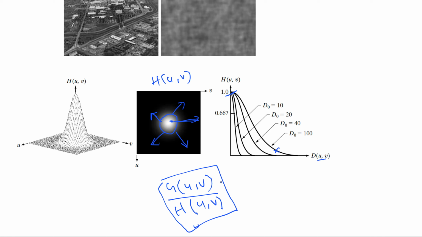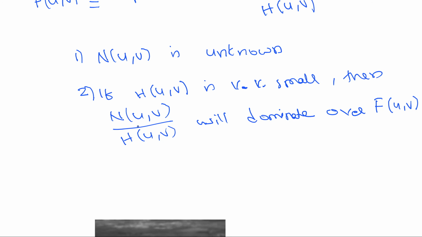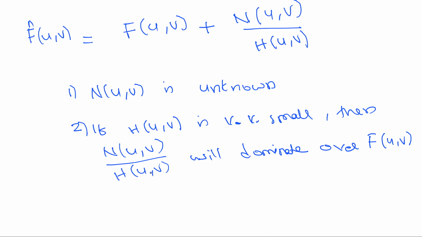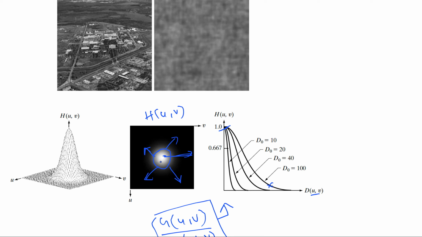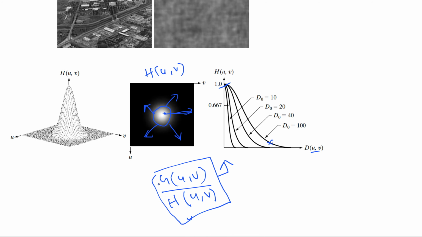In that case, you can remove the very large values in the ratio G of uv divided by H of uv. Usually we fix a circle of certain radius, take the values inside the circle for the calculation, and assign all other values to 0. By doing that, you can omit the very large values in the ratio G of uv to H of uv.